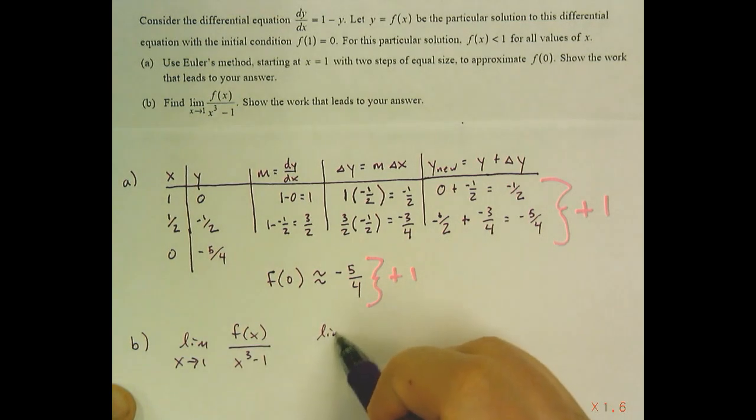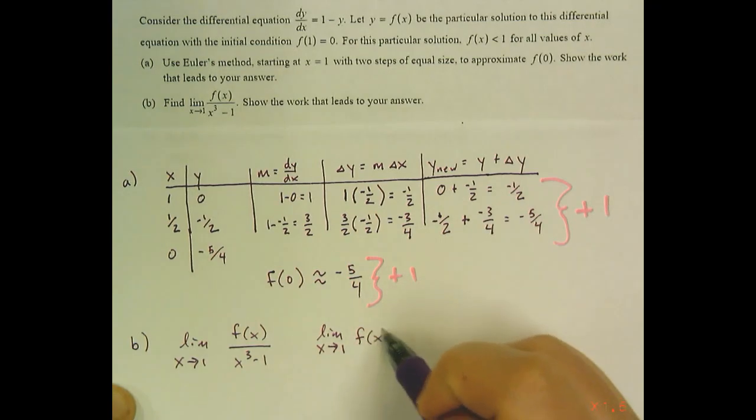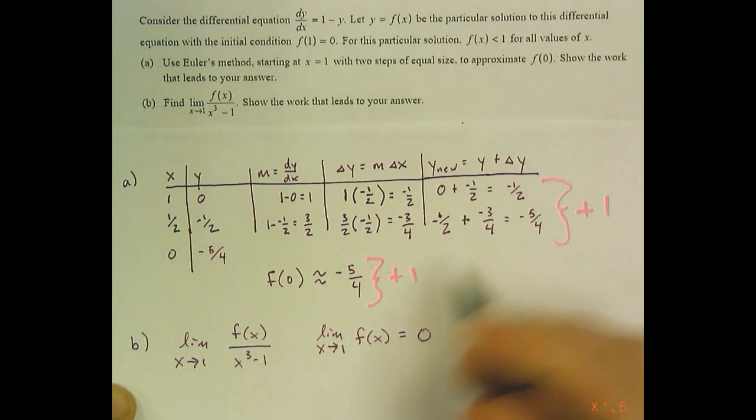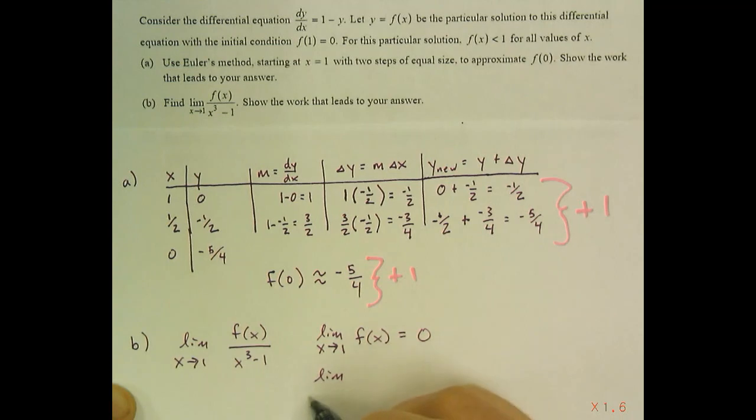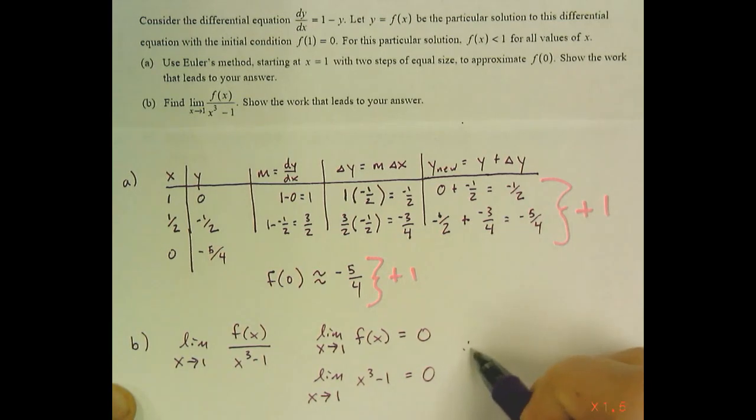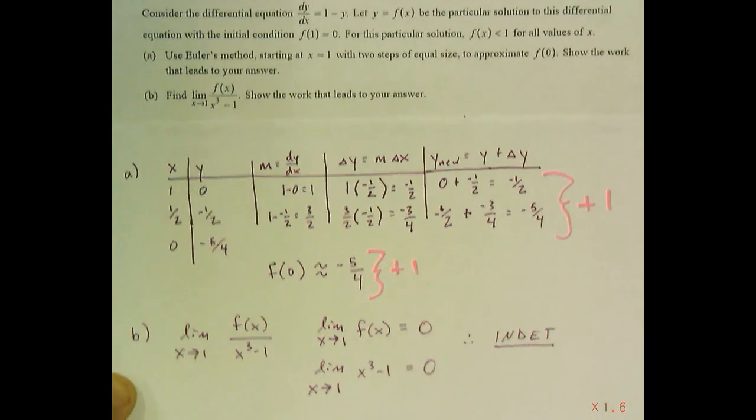So 0 over 0 indeterminate, which we have to justify by expressing that the top and bottom limits both approach 0. Therefore, indeterminate. So we're going to apply L'Hopital's rule.